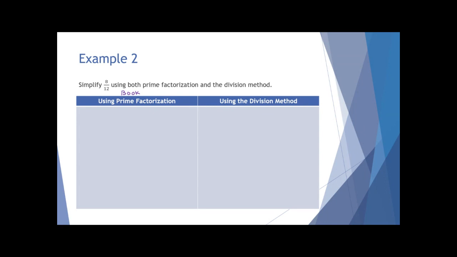In order to use this method, you have to do the prime factorization for each number, the top and the bottom of the fraction. So 8 is 2 times 4, and 2 is prime. And then 4 is 2 times 2.